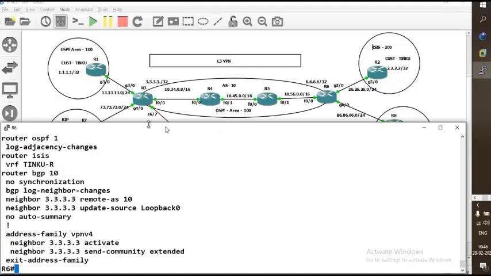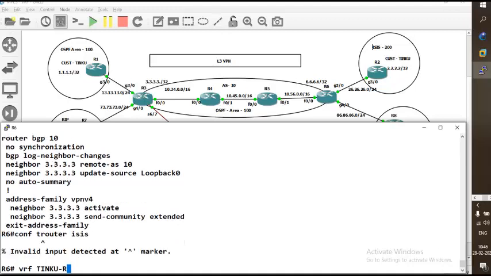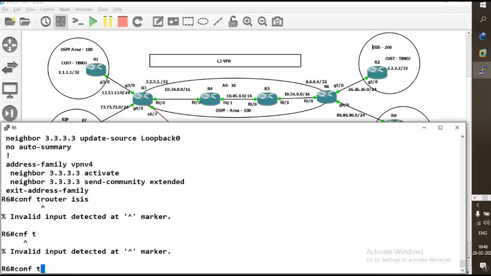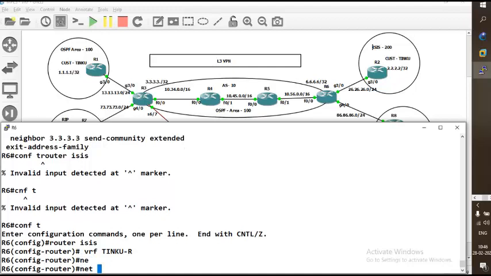I can see that ISIS for VRF Tinku is enabled. Now on this, I need to say the net ID. Here I need to say net 49.0200, which is the area I gave there.